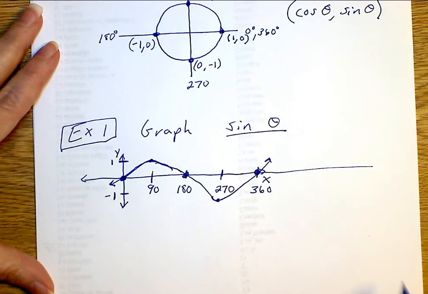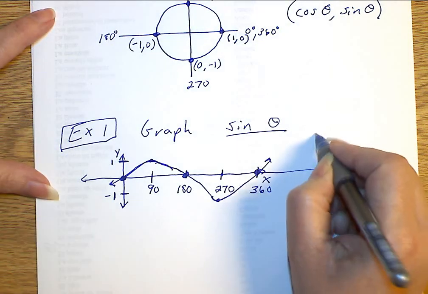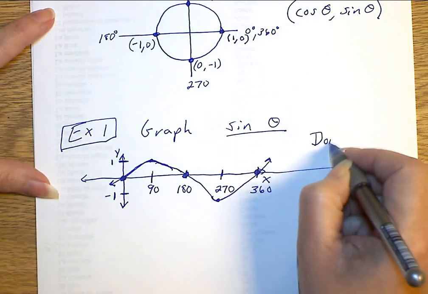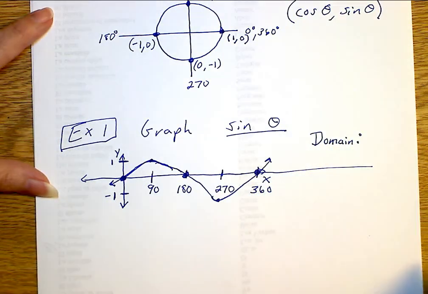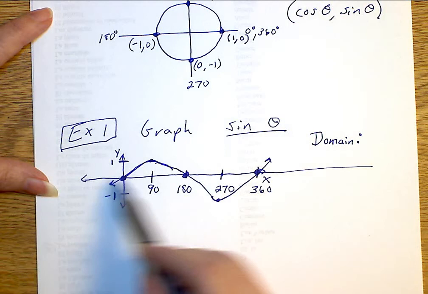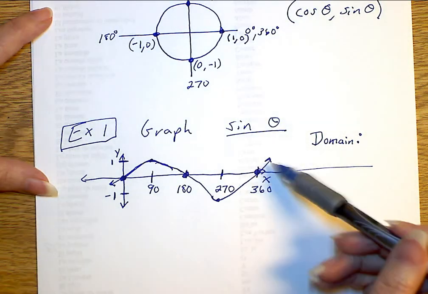We have the domain. Let's talk about the domain of the function. First of all, what does the domain of a function mean? What values is that? The x. So what is the domain of this function? These arrows, what does this arrow indicate?